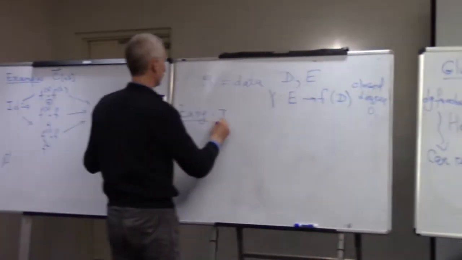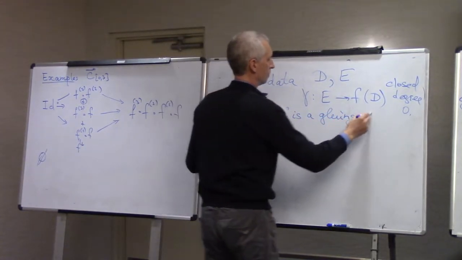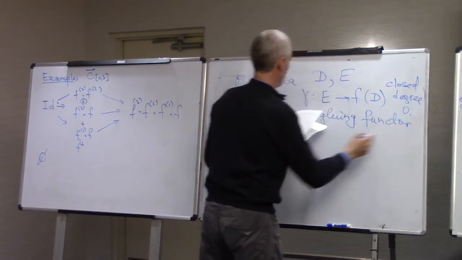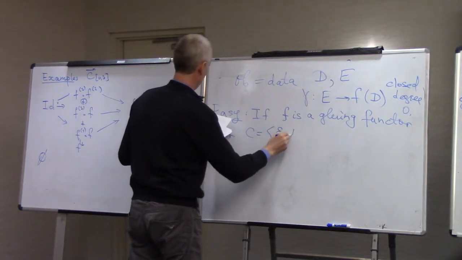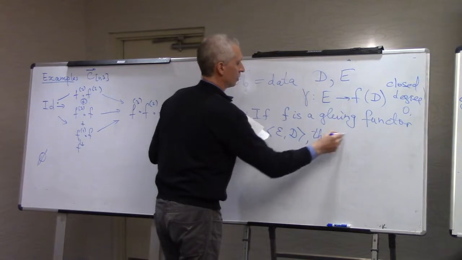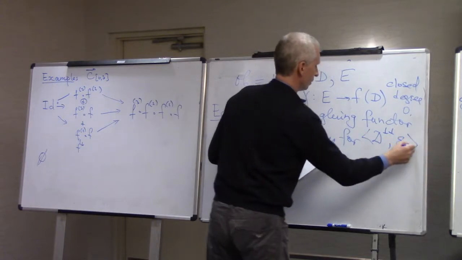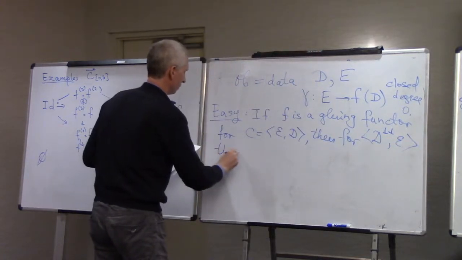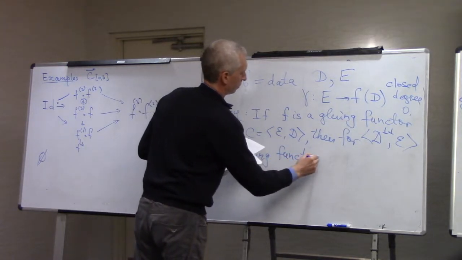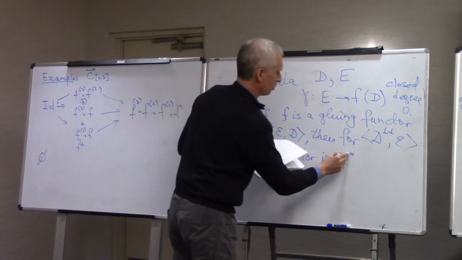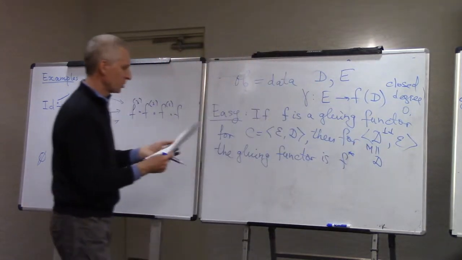If F is a gluing functor for the decomposition of E and D, then for the decomposition D double orthogonal and E, the gluing functor is the adjoint of F, which means that if you identify this with D by mutation, then the corresponding functor is the adjoint.